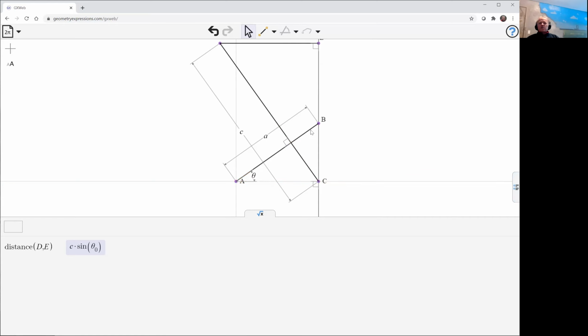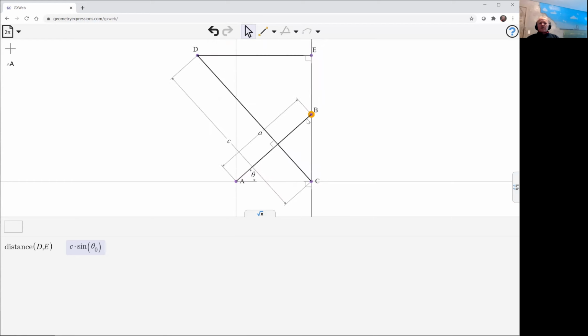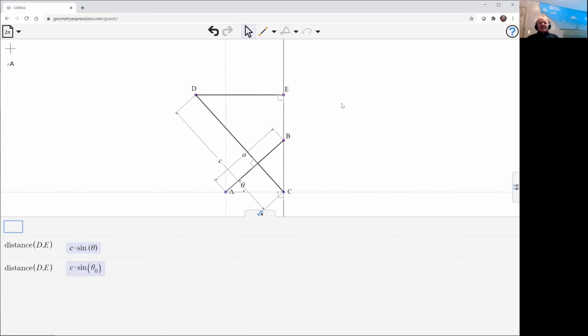We do want to be making it AB turn round. So let's just look for that distance again. Oh yeah, theta naught really was theta by the look of it. So in order to make DE equal to B, we should have, instead of C, we should have C over sine theta.